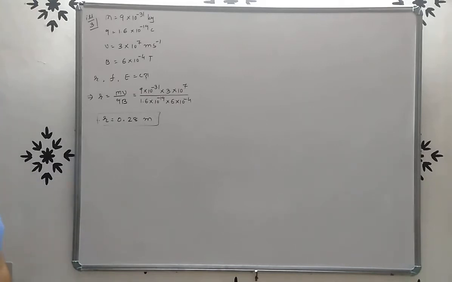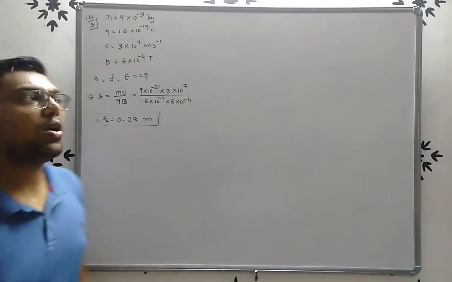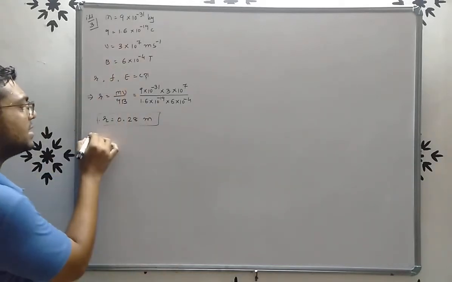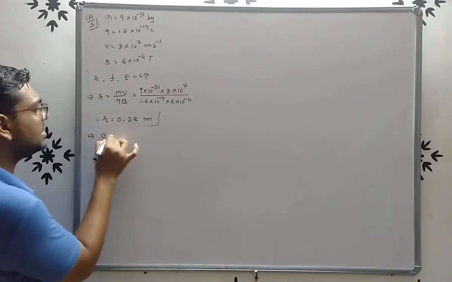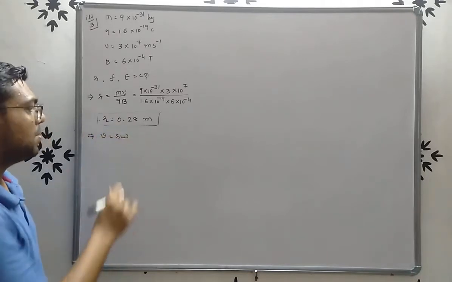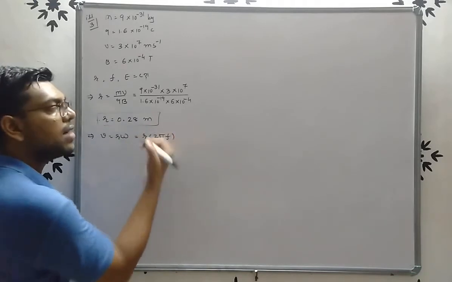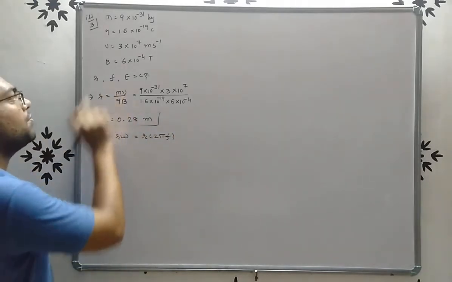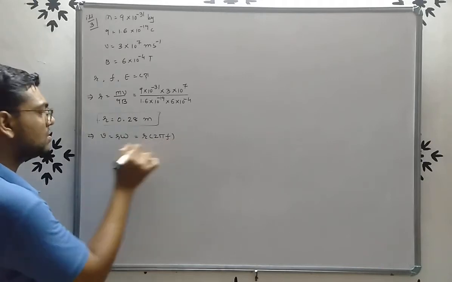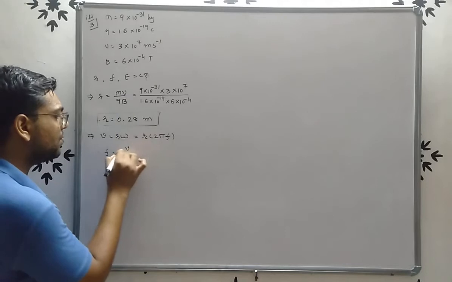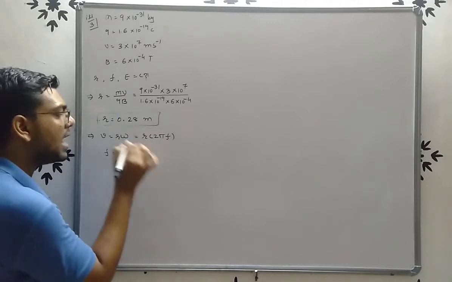Now we have to find out frequency f. Here we already know the value of velocity and we know the value of radius. So we know the formula v is equal to r omega, but omega is 2 pi f, so r into 2 pi f. Here we have to find out the value of frequency. So f is equal to v upon 2 pi r.